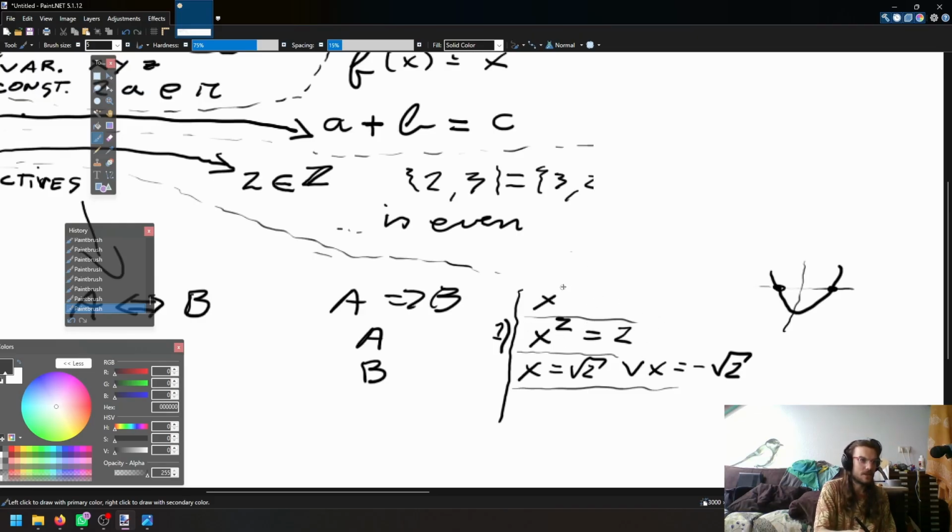Maybe you started with x squared minus 2 is 0. So x squared minus 2 is this graph, and then you find the zeros. It should be familiar to you, and what you're secretly doing is that at every line break there's an implication. But we don't write that down.